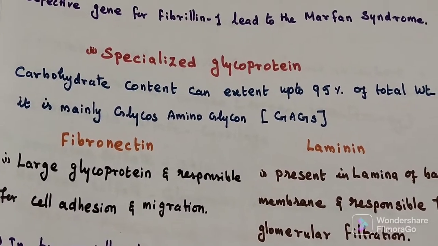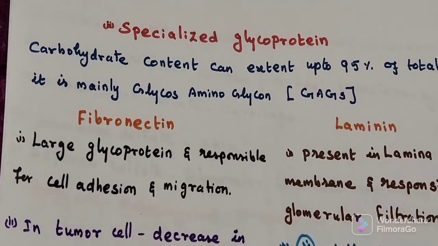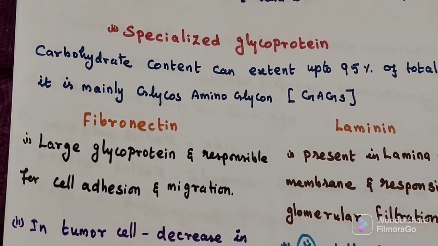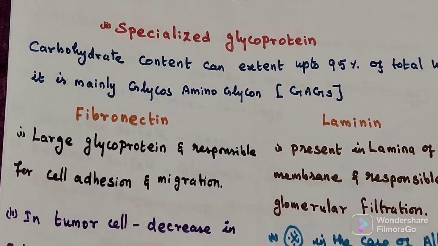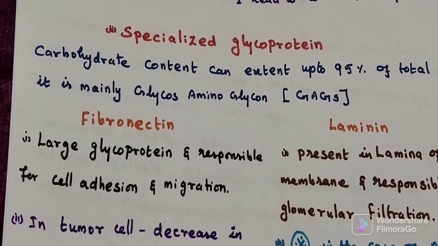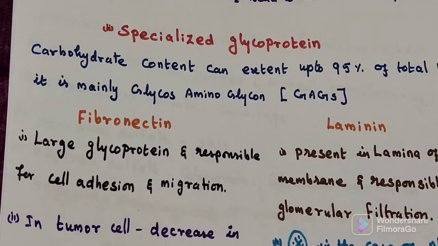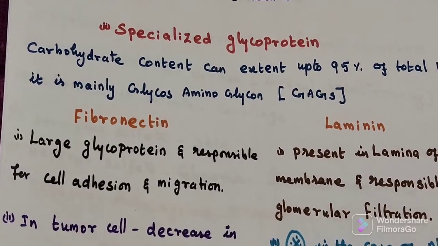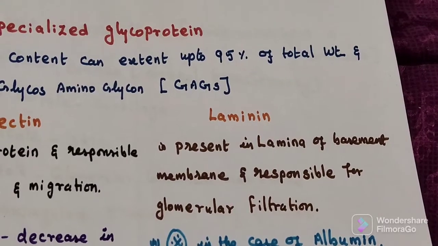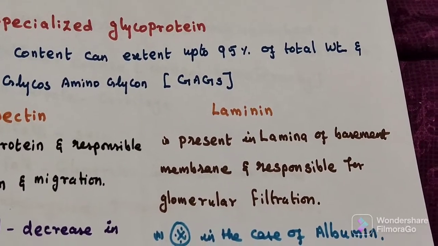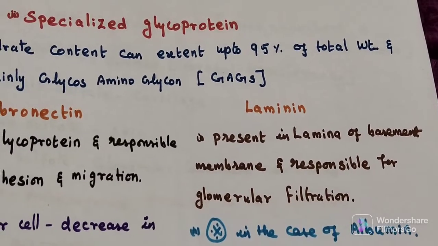Fibronectin is a large glycoprotein responsible for cell adhesion and migration. Laminin is present in the lamina of the basement membrane and is responsible for glomerular filtration.